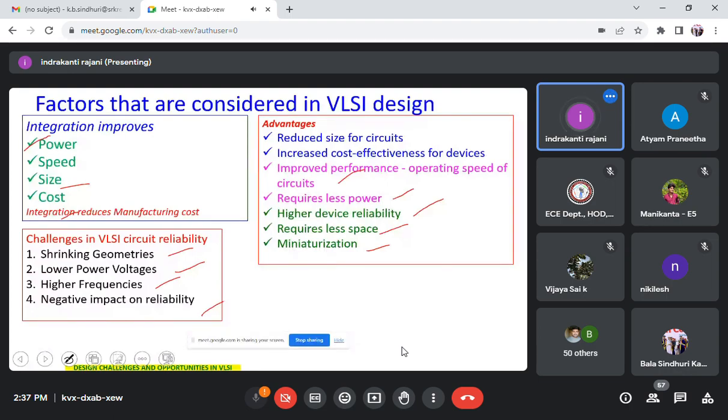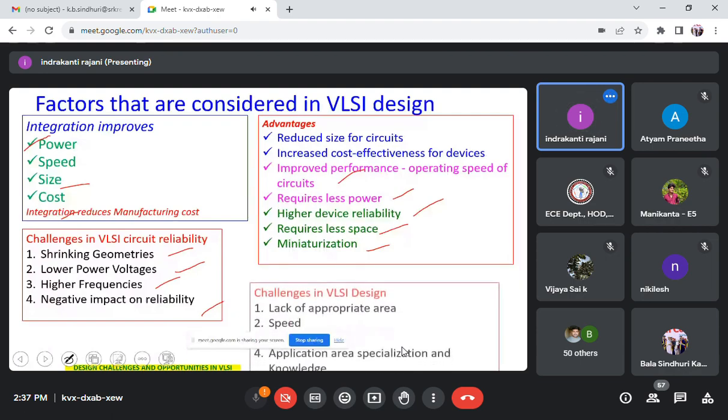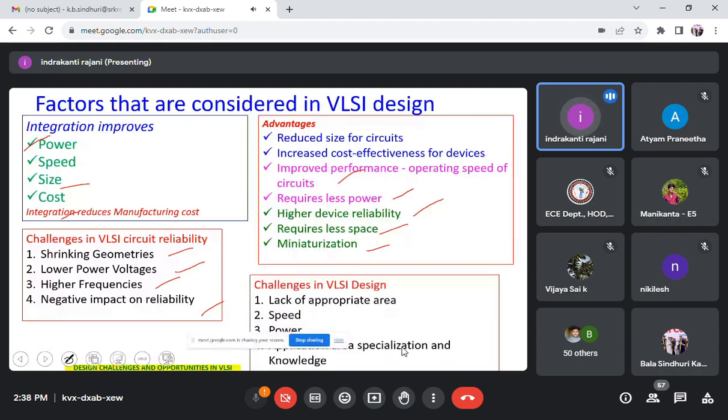You can change the system and control the electrical losses and power losses. In this kind of design, there are also challenges of appropriate area, speed, and power, and specialized knowledge should also be there. These kinds of challenges arise in VLSI design.